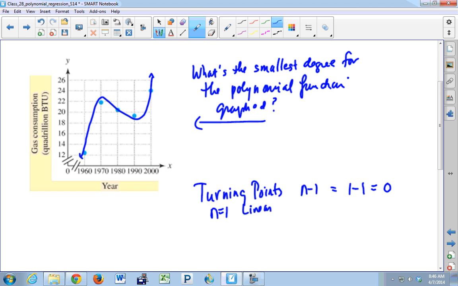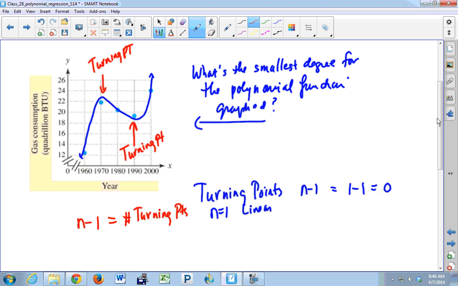Okay. How many turning points does this have? 2. So it has a turning point right here. It has a turning point right there. So what's the smallest degree if the number of turning points is equal to 2? Right. Because the number of turning points is n minus 1.